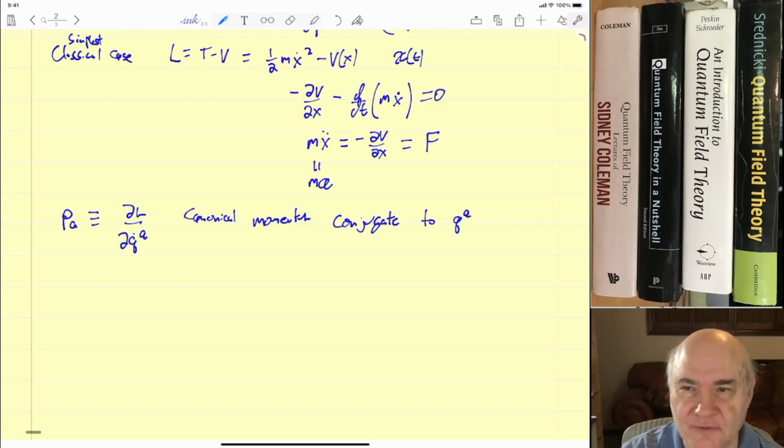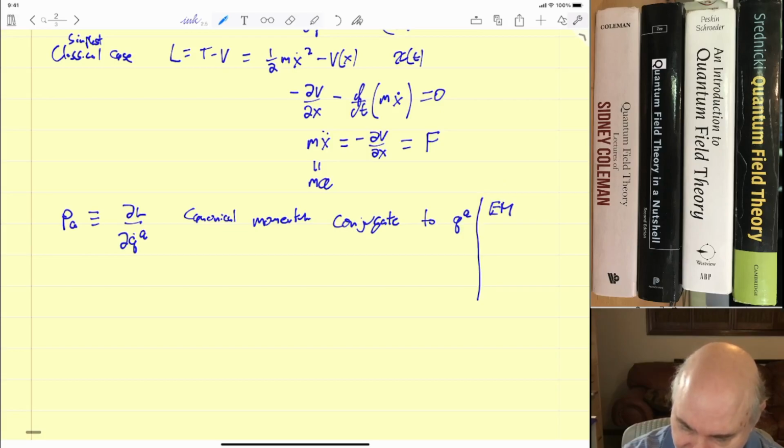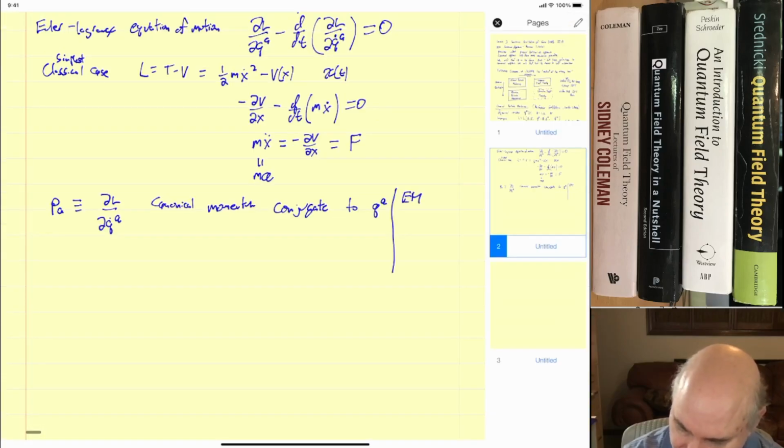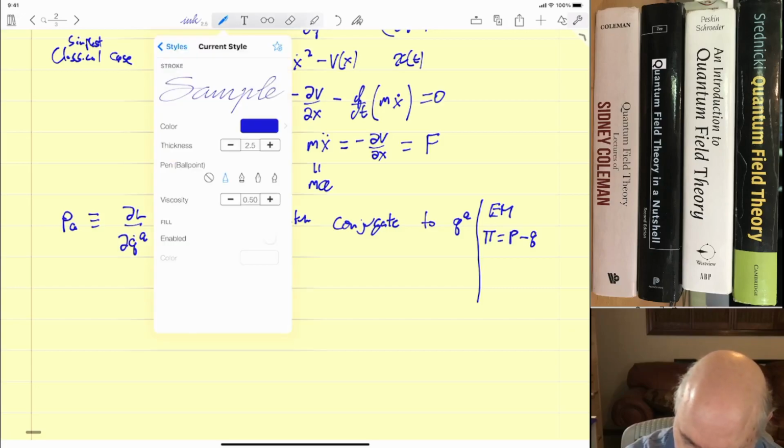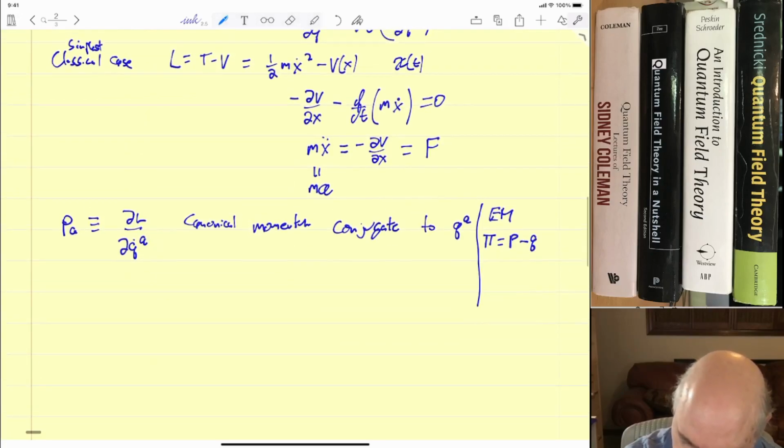Sometimes, especially in electromagnetism, when you work with the Lagrangian, you'll find that the conjugate momentum is pi equal to p minus eA, where e is the charge of the particle.